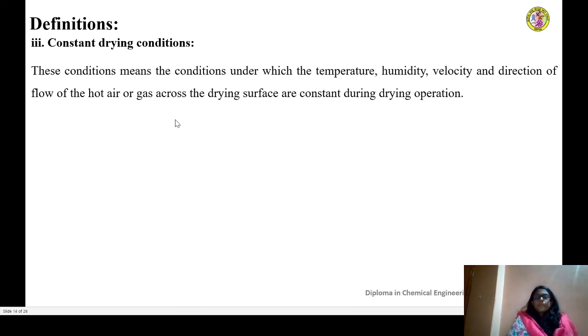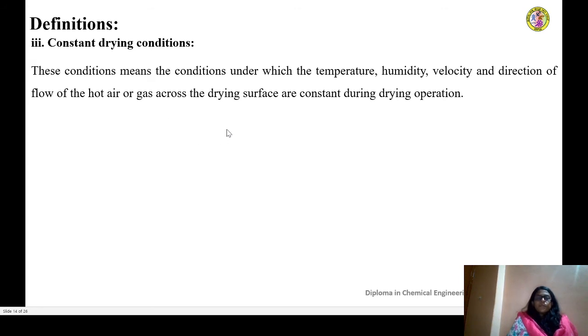So what is meant by constant drying conditions? Whenever a batch of material is dried in a suitable drying equipment, it is subjected to contact with the hot drying medium, that is usually hot air. And the conditions used in the operation are such that the temperature, humidity, velocity, and the direction of flow of hot air or gas across the drying surface are constant. So usually the drying operation is carried out in a semi-batch fashion.